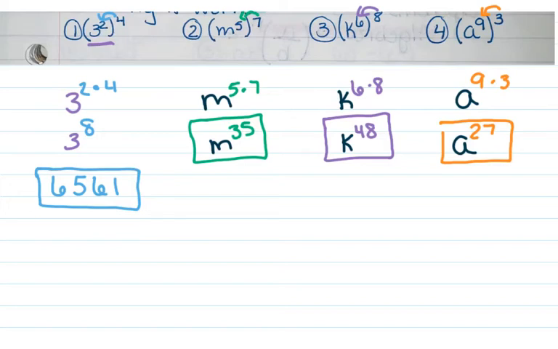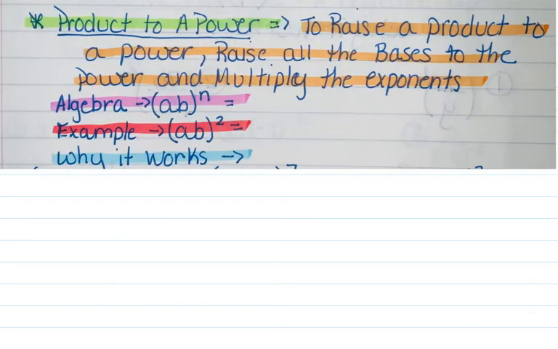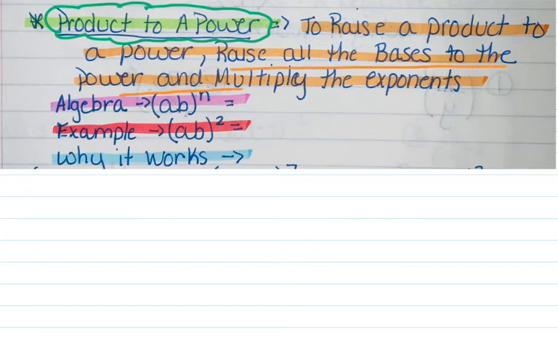Let's look at what happens when we have a product raised to a power. Product means I'm multiplying something inside the parentheses. So a product raised to a power means we need to raise all the bases to that power by multiplying the exponents. Essentially distributing that exponent to all the bases on the inside.